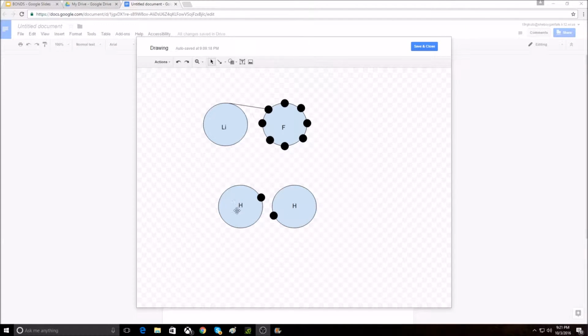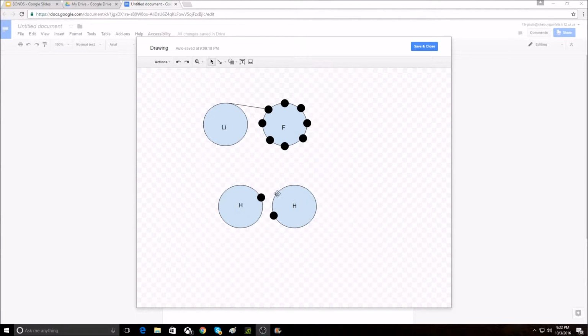We have hydrogen, both hydrogen here, and it happens when each of these atoms wants to get the valence electron from the other atom. So both of these, we are on the first ring of electrons, and both of the rings only have one valence, and in order for this ring to be happy it needs two electrons.